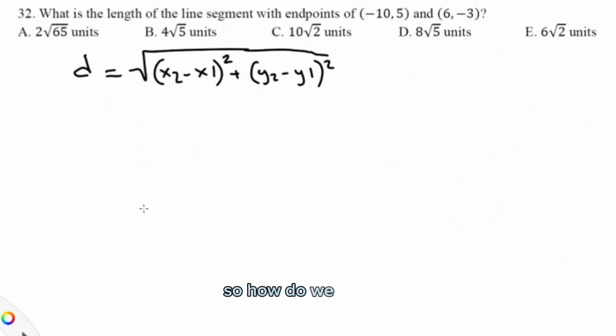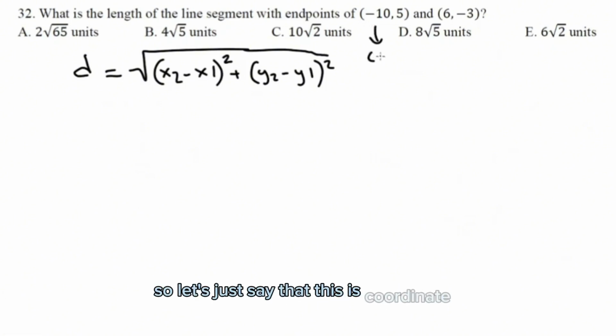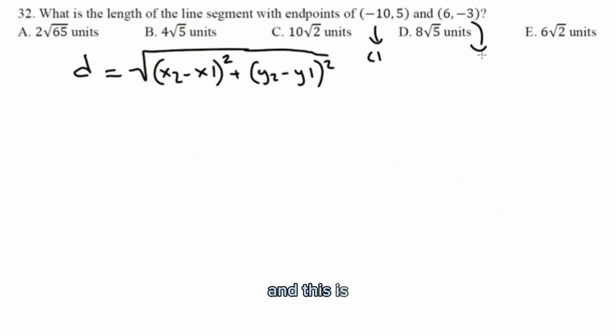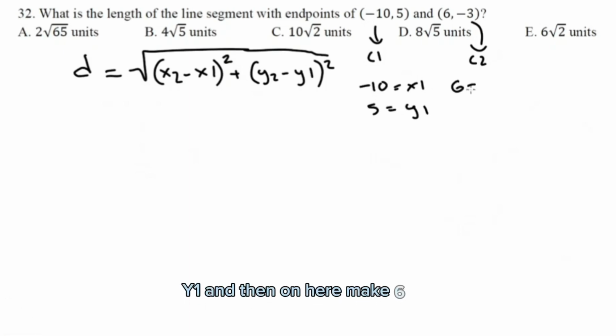So how do we do this? We'll plug in our values. Let's just say that this is coordinate 1 and this is coordinate 2, which would make -10 x1 and 5 y1. And then on here we make 6 x2 and -3 y2.